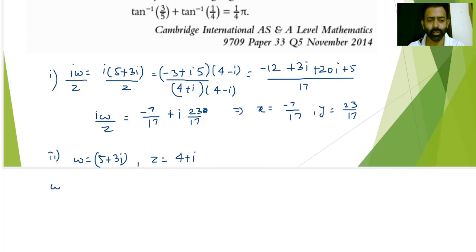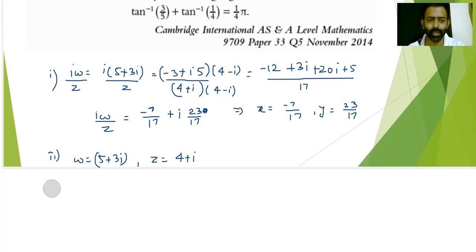So here I can write down the mod of w because I need to write this in r e raised to power i theta form. I think we need not find out the magnitude of this because we need to focus on the argument only, right? So as two complex numbers are in multiplication, let us just consider the arguments of these two.